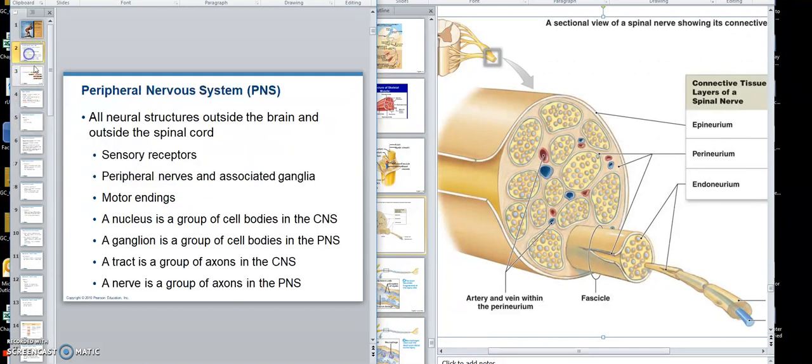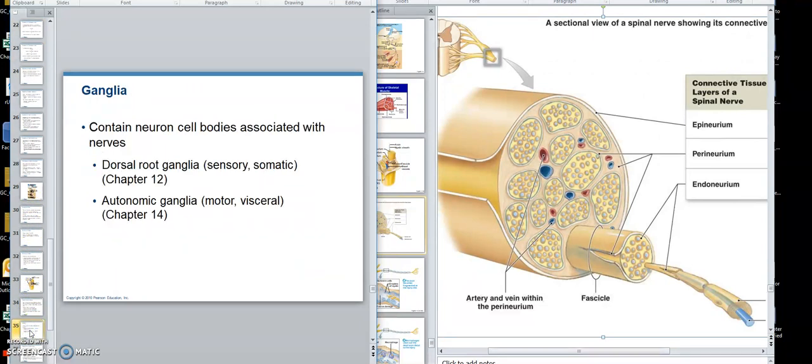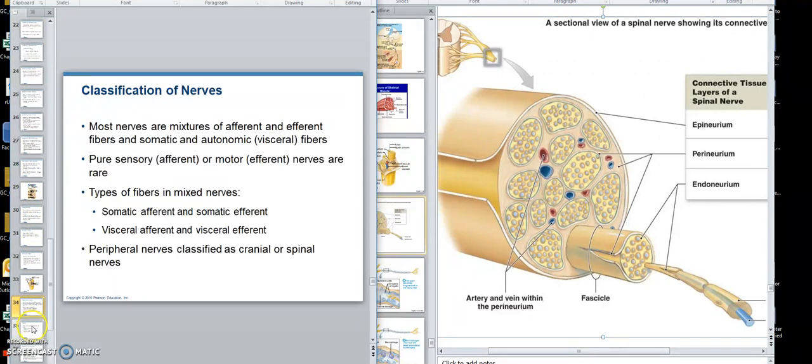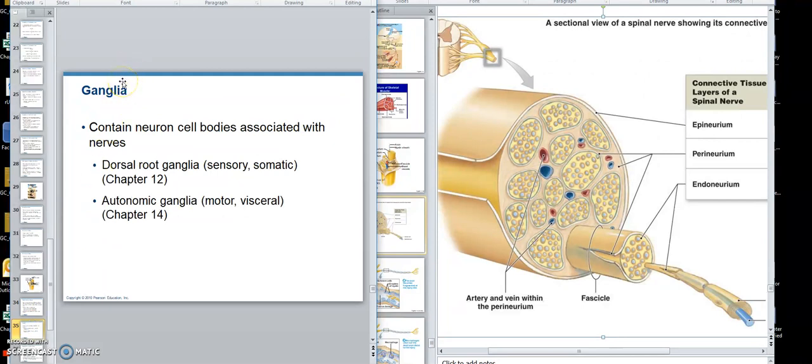A ganglion is a group of cell bodies in the peripheral nervous system. Ganglia is the plural, but people use it loosely. Ganglion, neuron cell bodies associated.